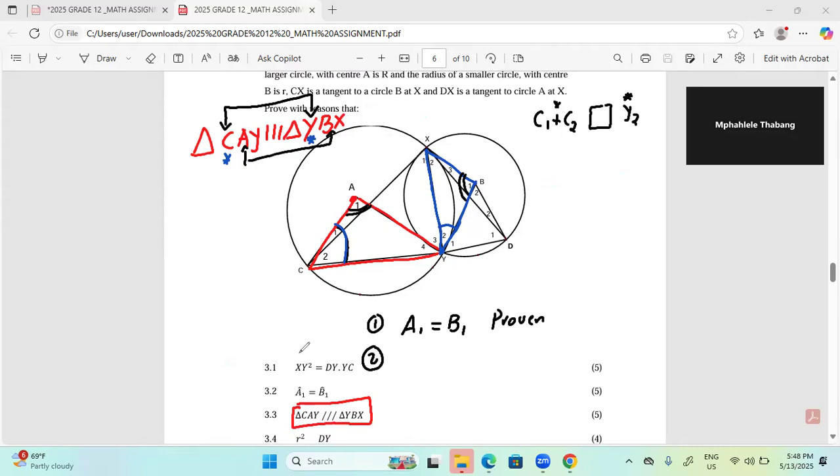The third one, I will say third angles of a triangle. Let me just write it. But I will still need to check which angles I'm working with. So I need the second one, I'm done. Which means I want C1 plus C2 to be equal to Y2.